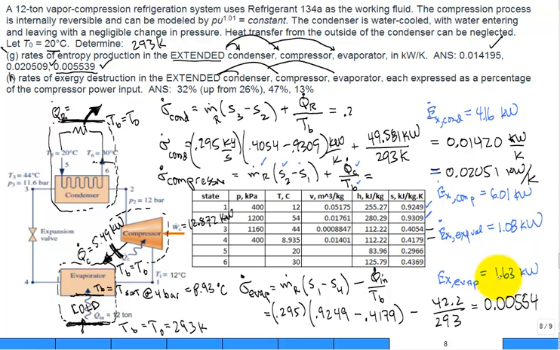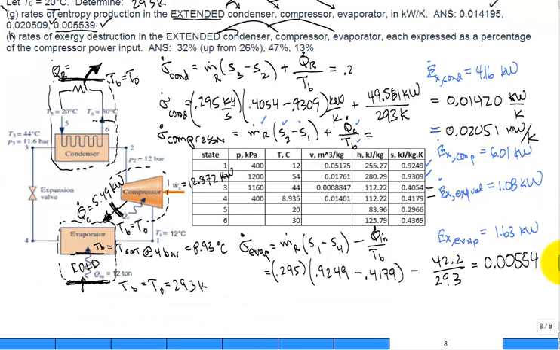Okay, so if I add these four up, we have the 4.16 in the extended condenser, the 6.01 in the extended compressor, in the expansion valve 1.08 and 1.63, and we get the sum to be 12.88 kilowatts.